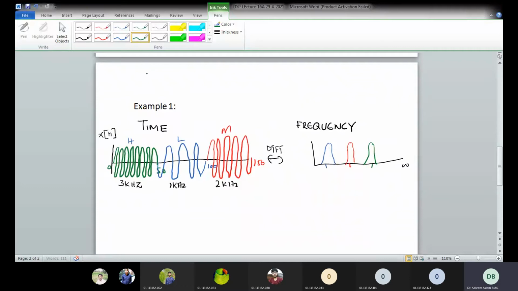So you can call this high, you can call this medium, and you can call this low frequency component. This is 1 kilohertz, this is 3 kilohertz, and the red one is 2 kilohertz.